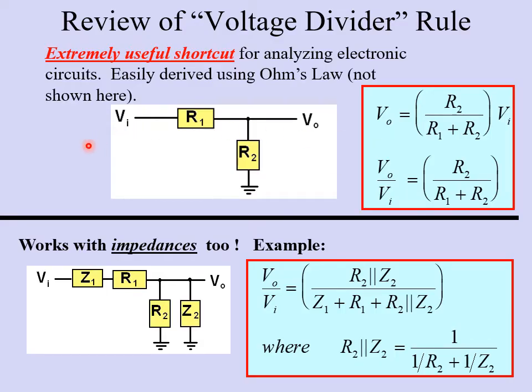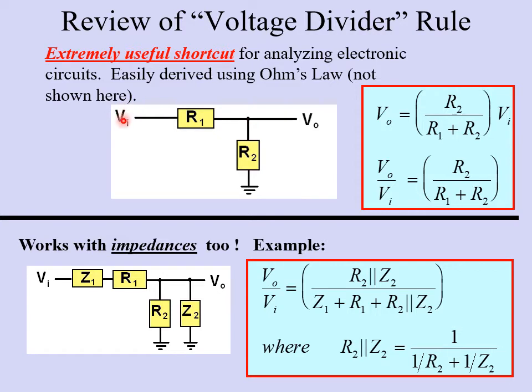And again, this is something that I showed you guys earlier. I think it was in Chapter 3. But this is a really useful shortcut method to analyze what's called a voltage divider, when you have two or more resistances that take a voltage like the input voltage here, and they basically split the voltage according to the values of R1 and R2, and this is the output voltage taken between those resistors.